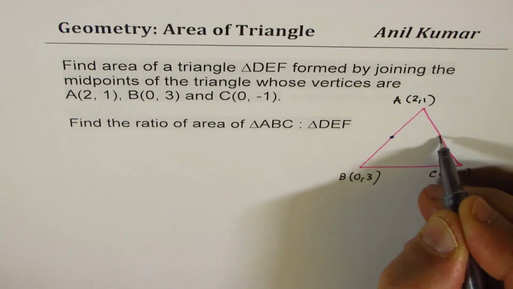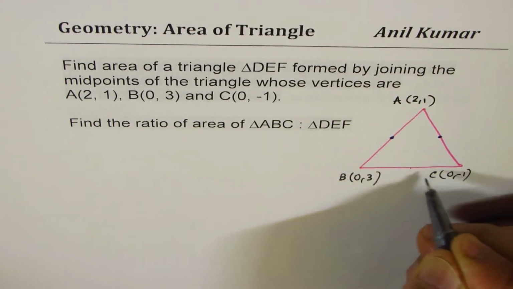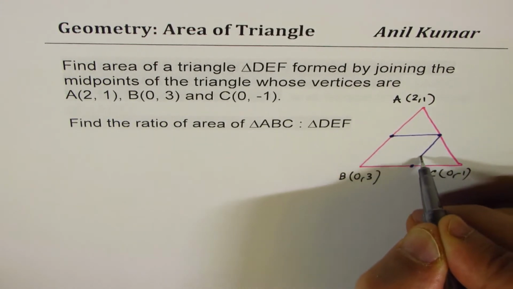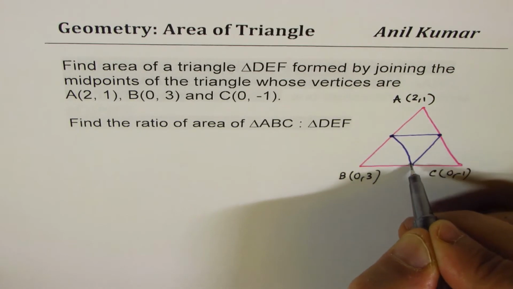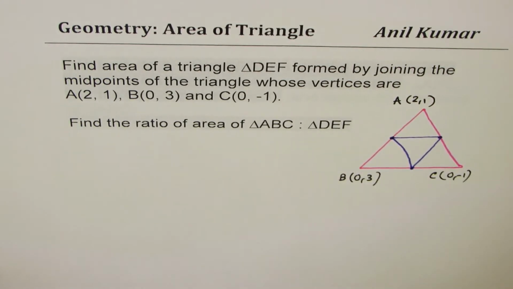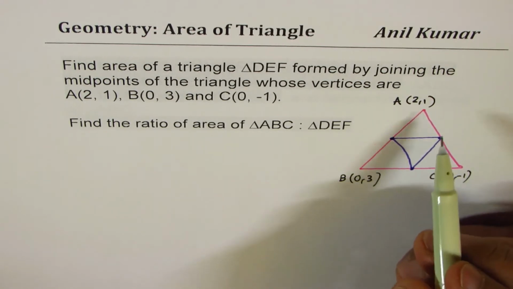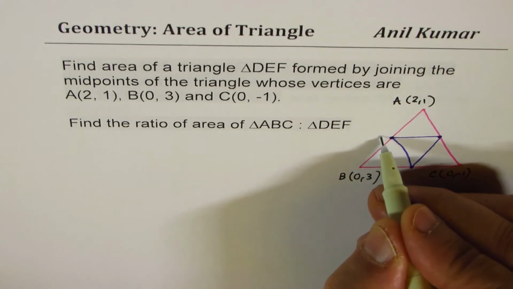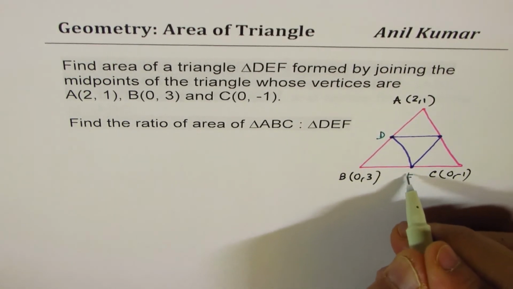Let's say these are the midpoints, right? So these lines should be parallel when you join them. They may not look like it, but assume they are. Okay, so we get the vertices of the triangle, and the vertices are D, E, F. So A, B, C, let's say D, E, and F.